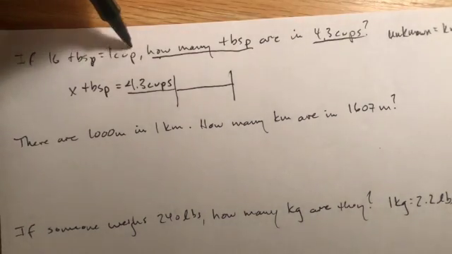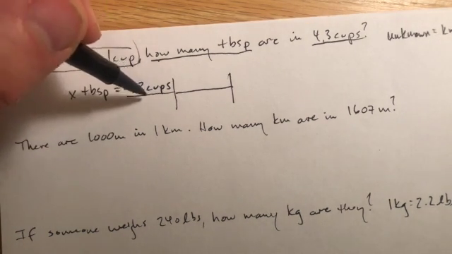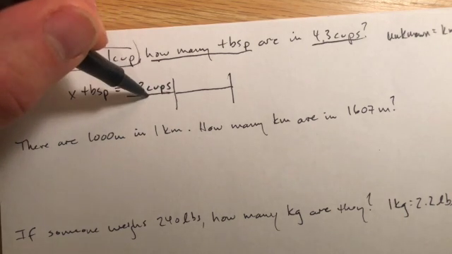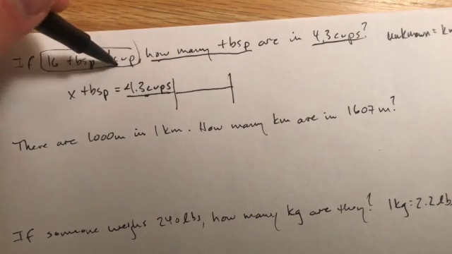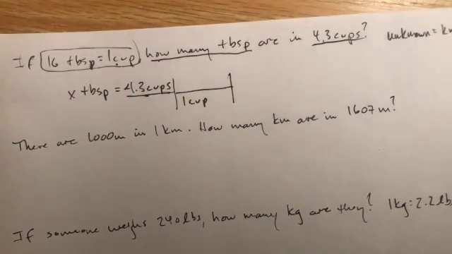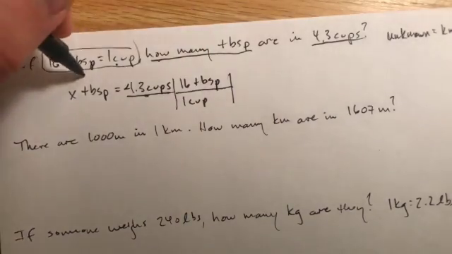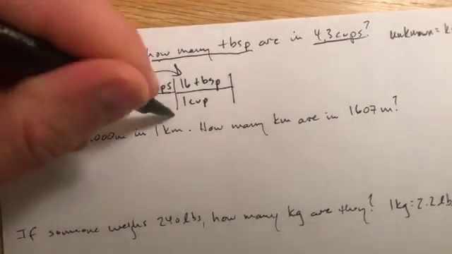Here's my conversion factor. 16 tablespoons equals 1 cup. I know one of those goes on top of that fraction, the other one goes on the bottom. And so I look to my known term, and what are the units here? They're cups, and they're on top. And so cups here have to go on the bottom. So 1 cup goes right here, and then that means 16 tablespoons goes on top.